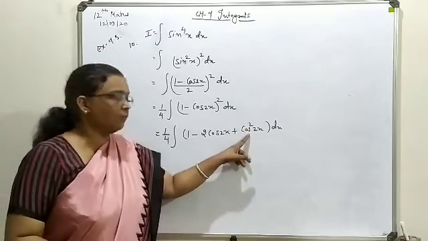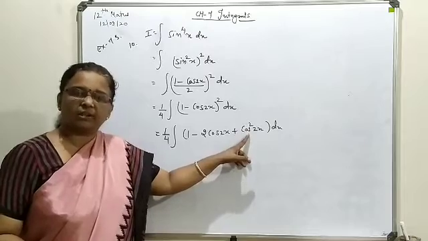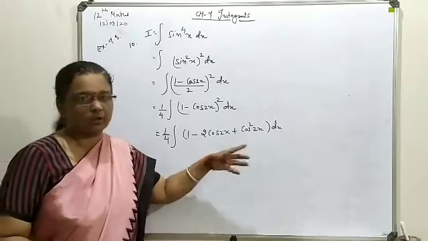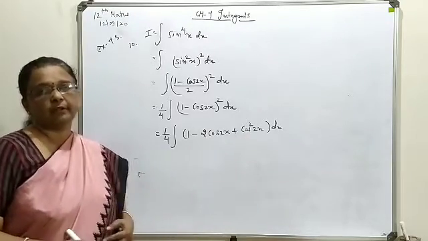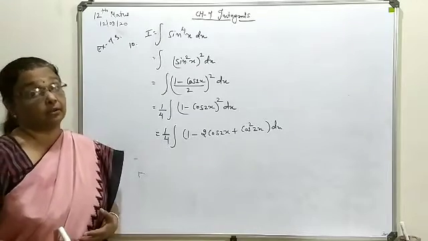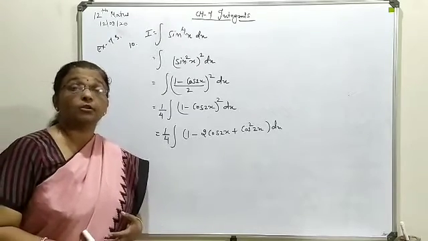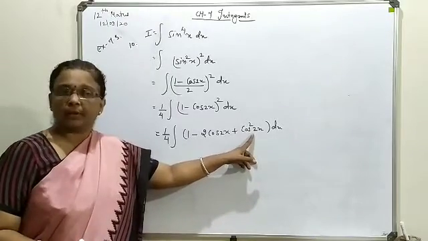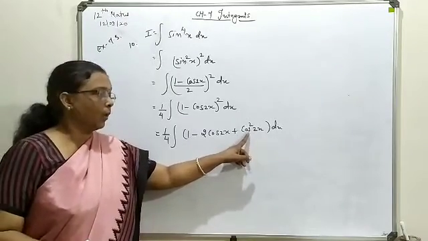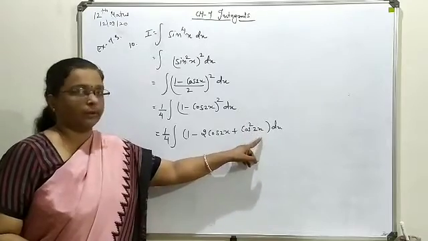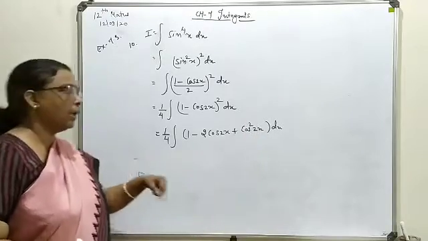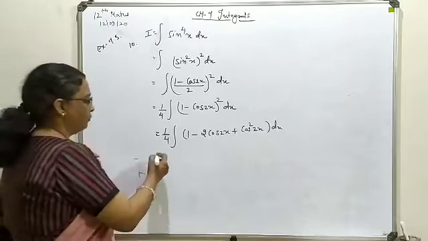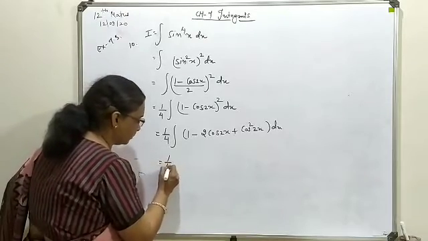So further this cos square 2x we have to write as a linear combination, and we have only one way to convert this cos square, that is the use of the cos 2x formula. So this cos square 2x you will write as 1 plus cos 4x whole divided by 2, by using the same formula for cos 2x.